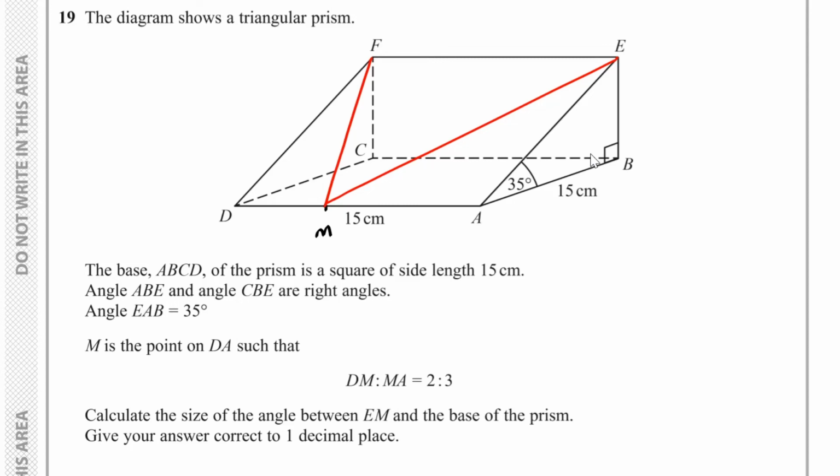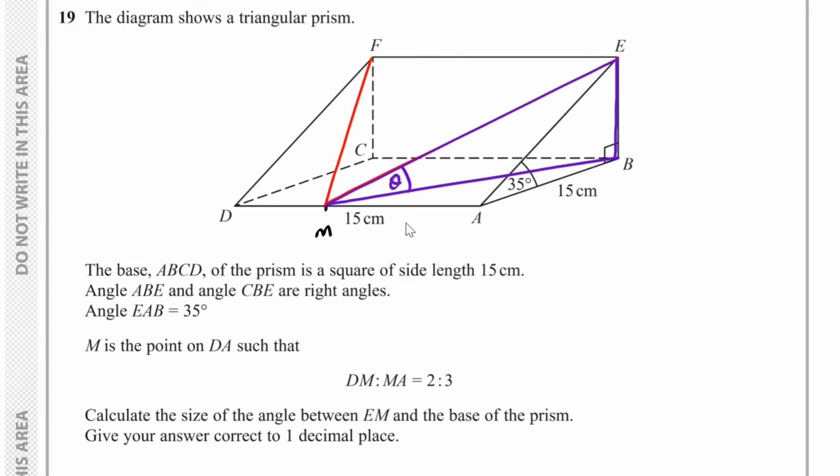So perhaps if we show this in a different color, if I draw the triangle which we require, this triangle over here in blue, and we want this angle here.